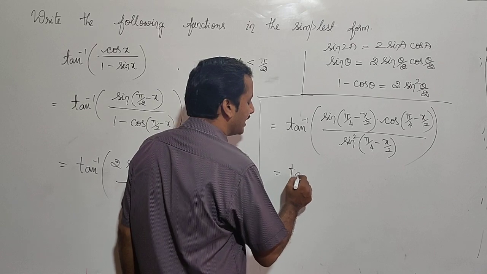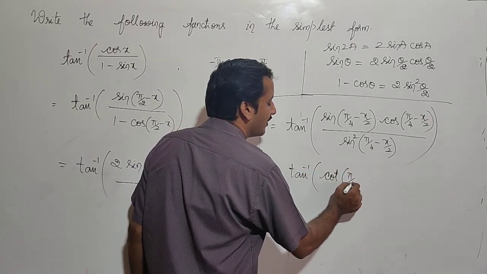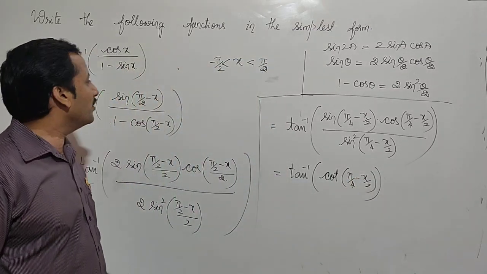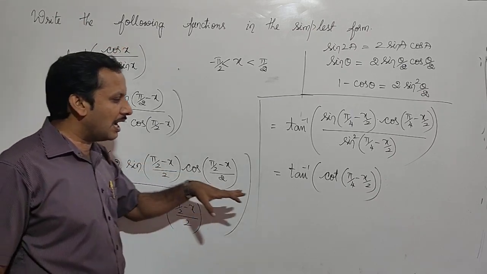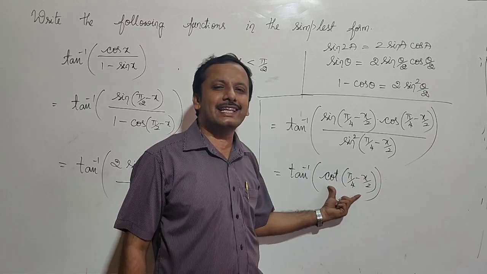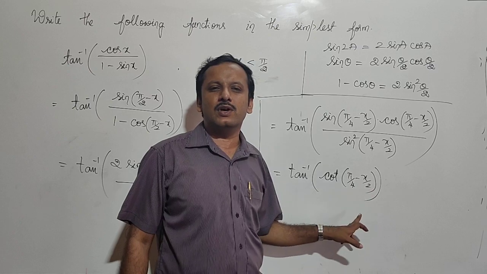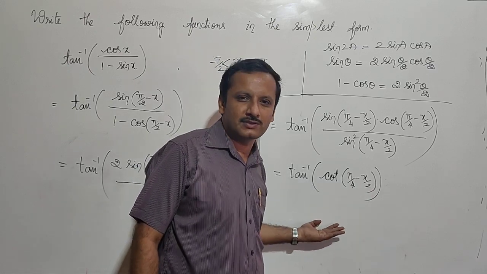So that means we get tan inverse of cot of pi by 4 minus x by 2. See, I told you we want this in the form tan inverse of tan y, but we have got now tan inverse of cot y. So what do we do? Write this cot in terms of tan. Cot theta in terms of tan, one way is 1 by tan theta, which is of no use in this question though.